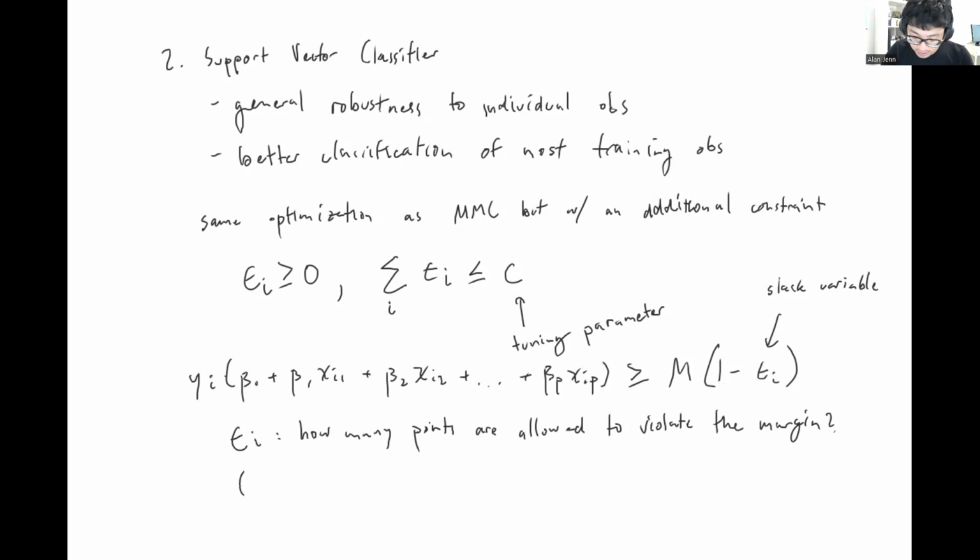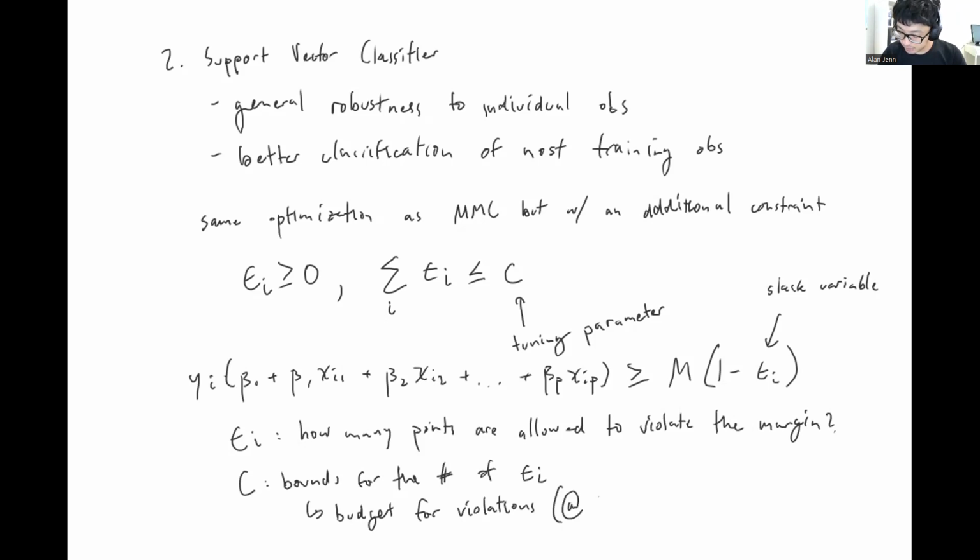And C is the bounds for the number of epsilons. This is our budget for violations. And at C equals 0, it is the same as your MMC.